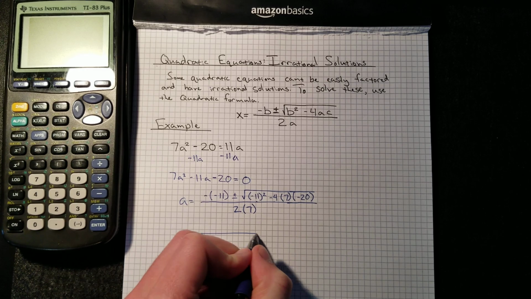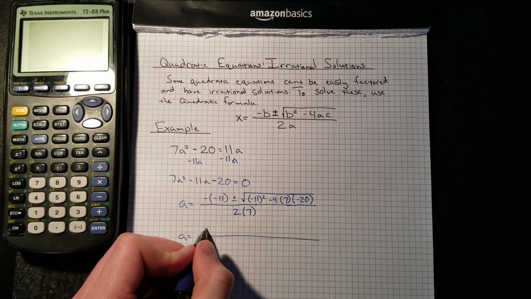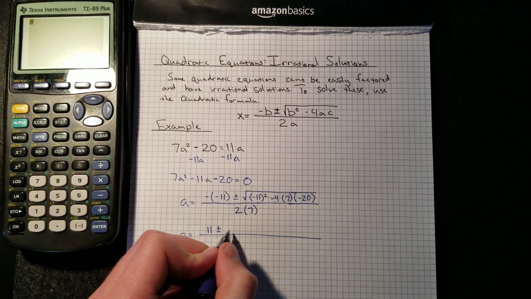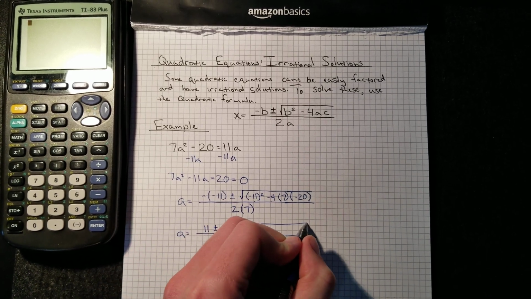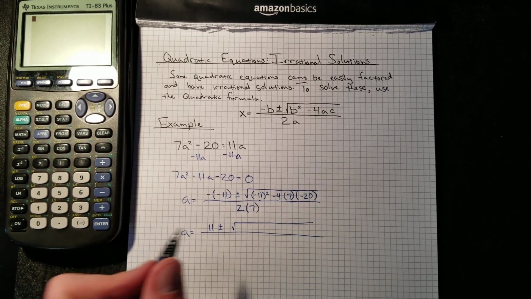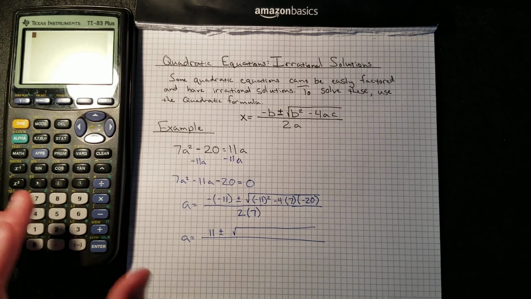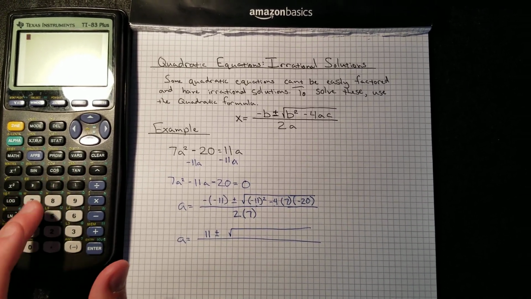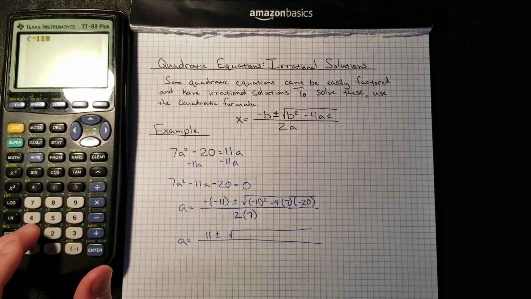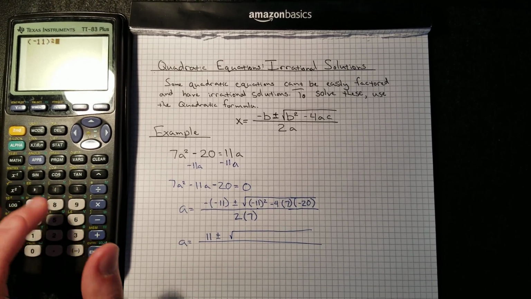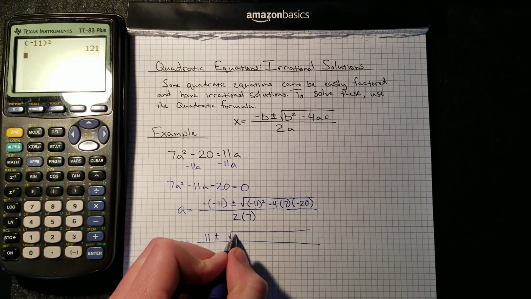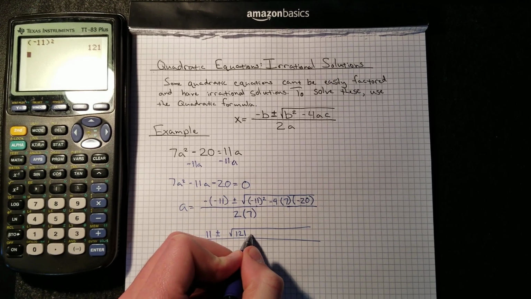A equals positive 11 plus or minus the square root of negative 11 squared. We'll do that out over here. Negative 11 squared is 121.